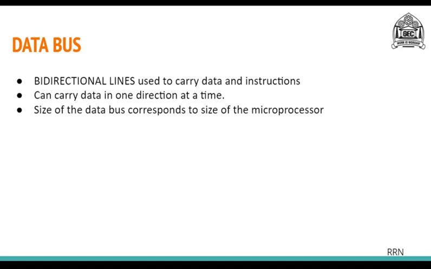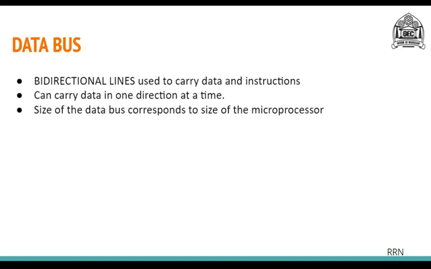Though your data bus is bidirectional, it can carry the data only in one direction at a time. Consider if your microprocessor wants to perform a write operation, the data will flow from the microprocessor to your memory or your output device, that is a peripheral device. But if the microprocessor wants to perform a read operation, then the data will flow from the memory or an input device to your microprocessor.